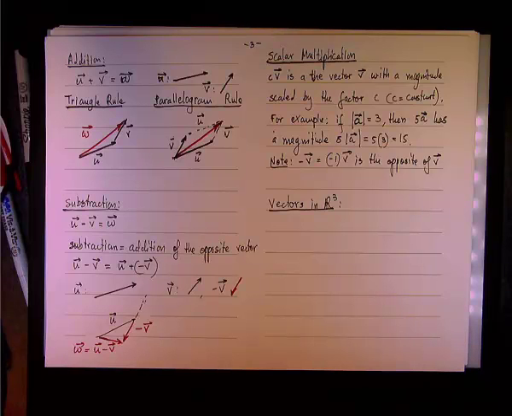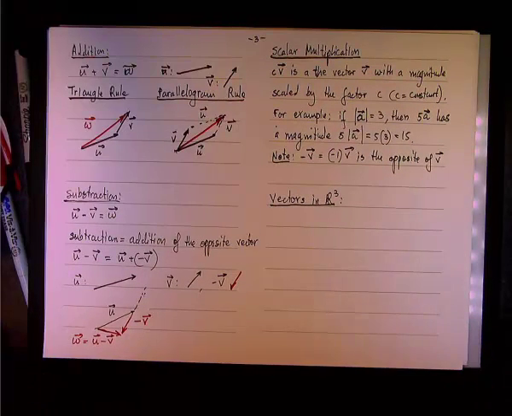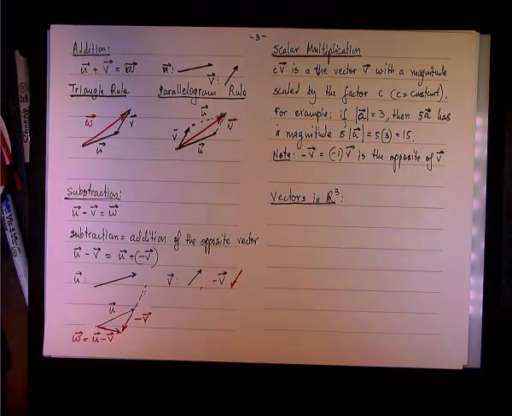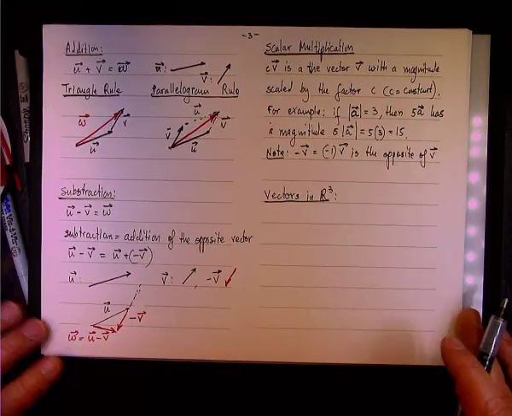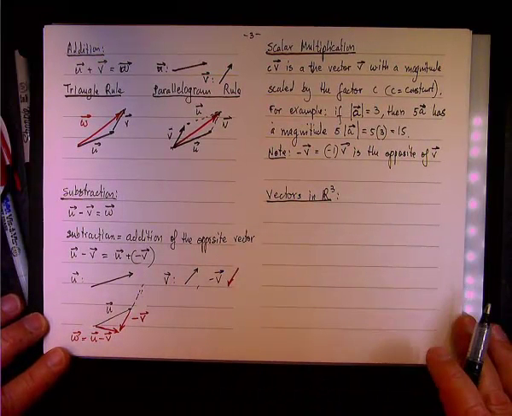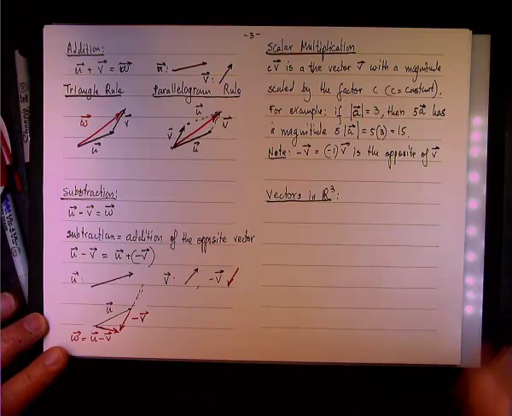Matter of fact, for the remainder of this chapter, we're going to focus on vectors in R3, in 3 dimensions. But remember, when we had the points A, B, well, we didn't talk about it, but you can draw a conclusion from the R3 example.